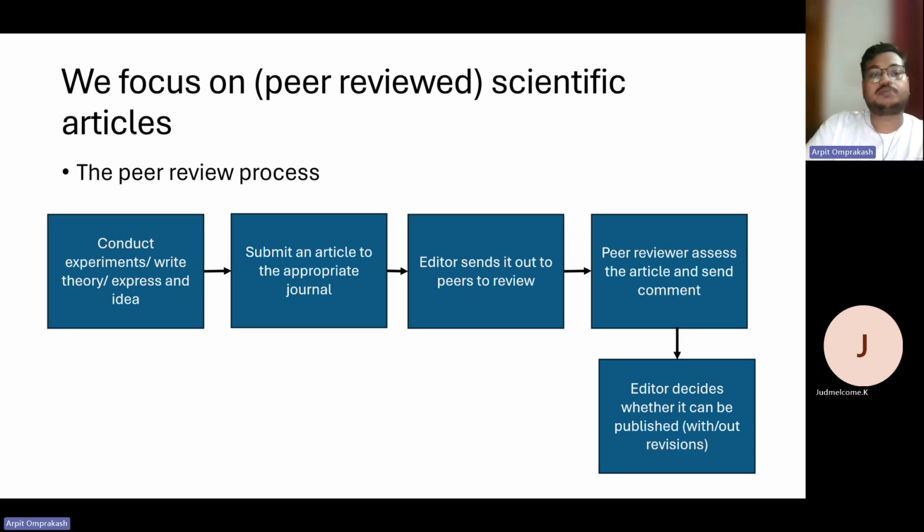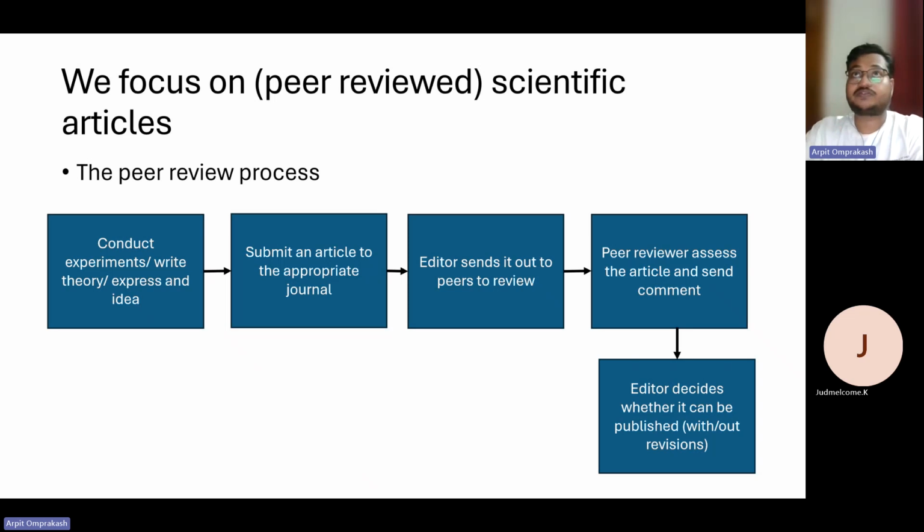Right. So the peer review process goes something like this. You conduct some experiment or write some theory or express an idea that you have. Then you submit that article to an appropriate journal. For example, if I'm working on cancer cell research, I'll submit it to somewhere like the Journal of Cancer Research. I won't submit it to another journal, for example, Evolution or Ecology, right?